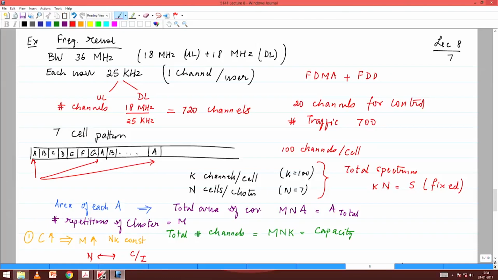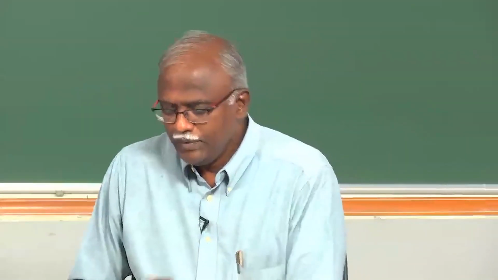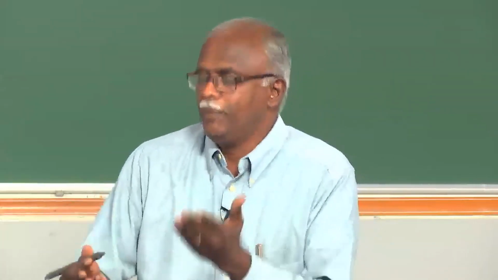Now, if you push me to increase capacity, then the only option I have is to decrease N, the number of cells per cluster. But then you say that didn't help, because N and K will compensate each other.